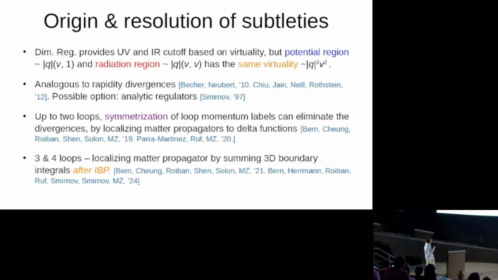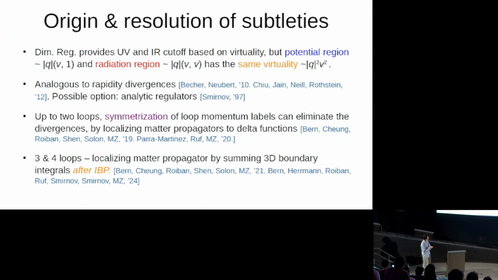So this subtlety arises from the fact that potential regions and radiation regions have the same virtuality. And if you think of dimensional regularization as a smooth cutoff in UV and IR virtuality, it fails to isolate these two regions. Unfortunately, it hasn't been a big problem for us.